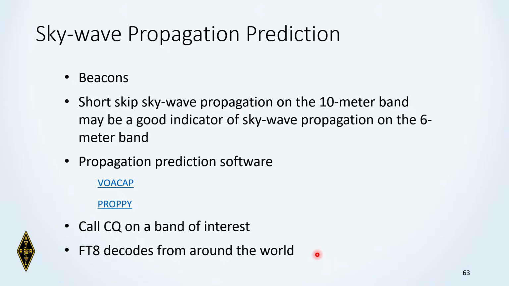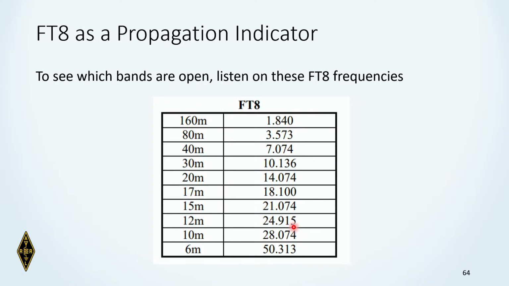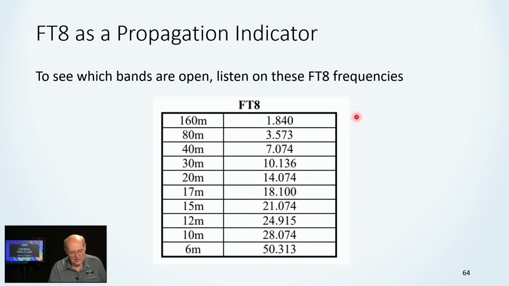And FT8 decodes are fabulous because if there's any activity at all going on, somebody's going to be on FT8. And I've listed the FT8 frequencies here. I've got these programmed into memories on my transceiver, and I can just quickly, by turning my memory button control, scan through all of these frequencies in a matter of seconds.